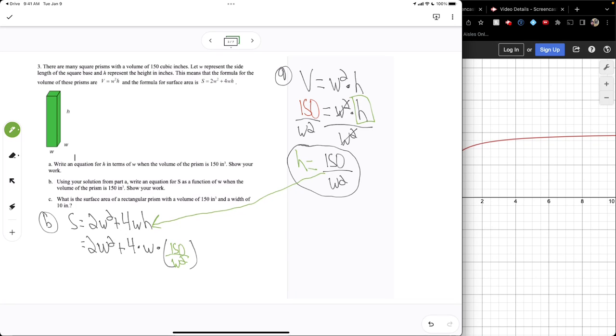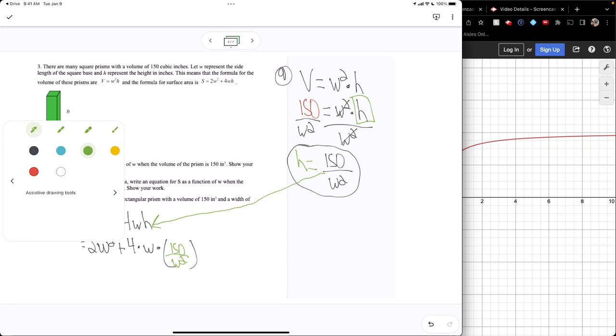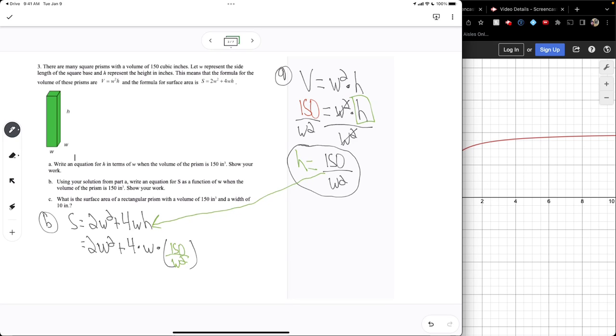Exactly the answer that I figured out in part A. After that, it's just a matter of simplification.